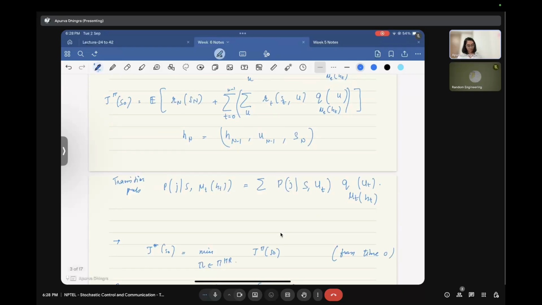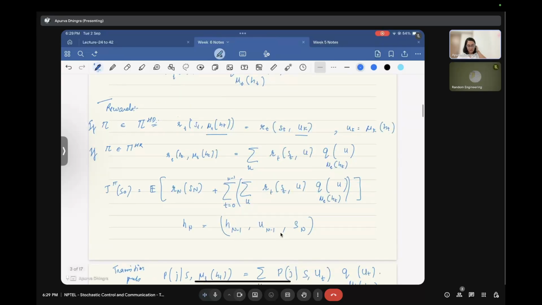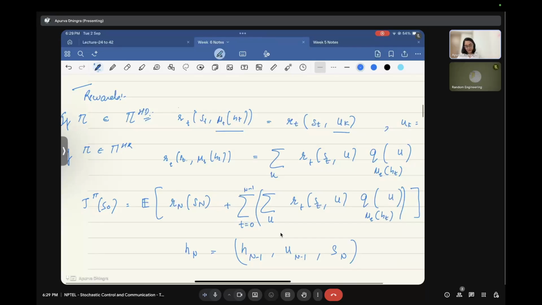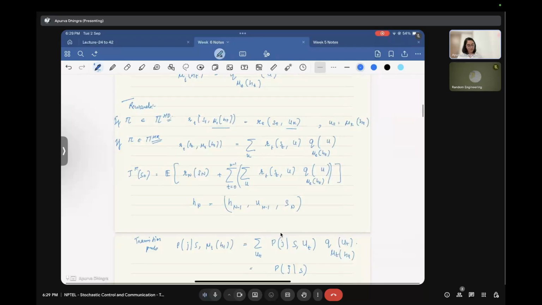And since it's over the different actions ut, this will become independent of the ut, and we'll be left with something where the probability of going to the next state just depends on the current state, because of this randomization of the policy. So all of these changes are to be considered specifically in the case of randomized history dependent policies. In deterministic, none of these things will change.